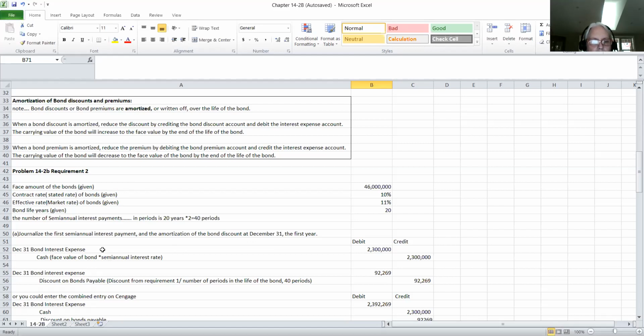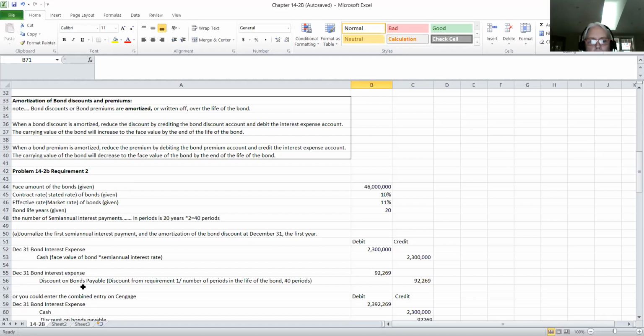I like to show you this way because I think it makes more sense to you. But in Cengage, unfortunately, they want you to combine both of these entries together and just make one journal entry. So you'll only have enough room in Cengage to make this as a combination entry.